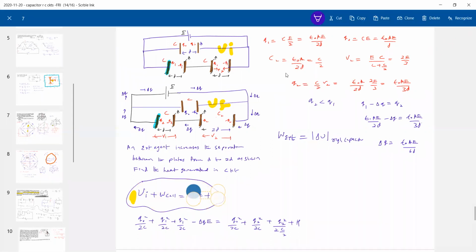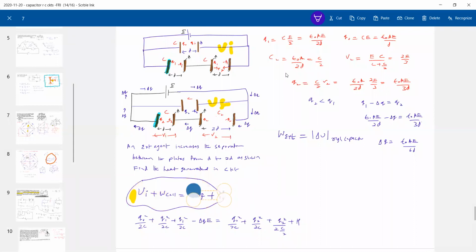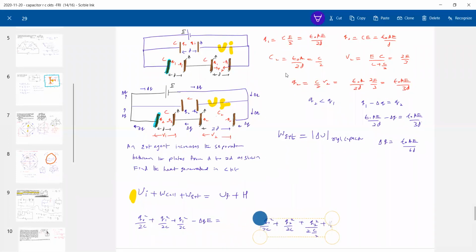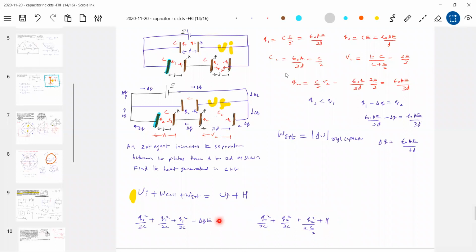Now please try to work out some problems of this kind, where some energy concept is there. This should be brought here. Work done by the external agent: this is what you have to substitute here.